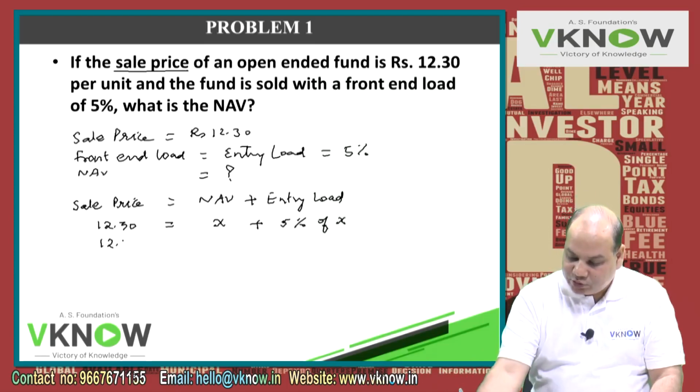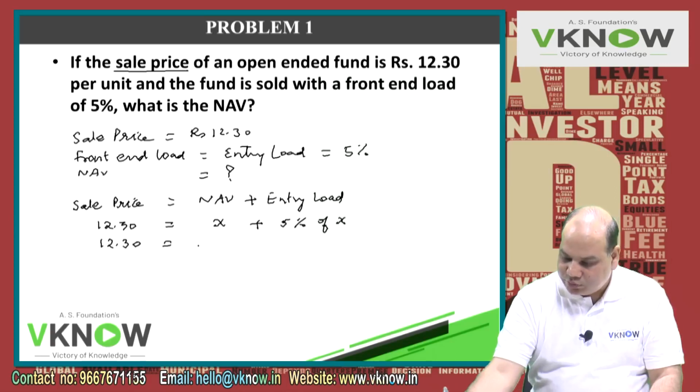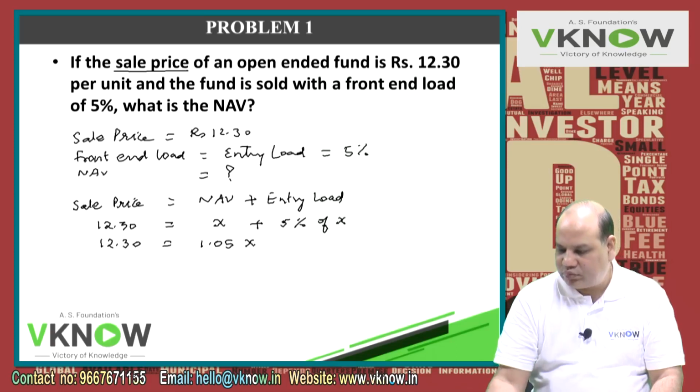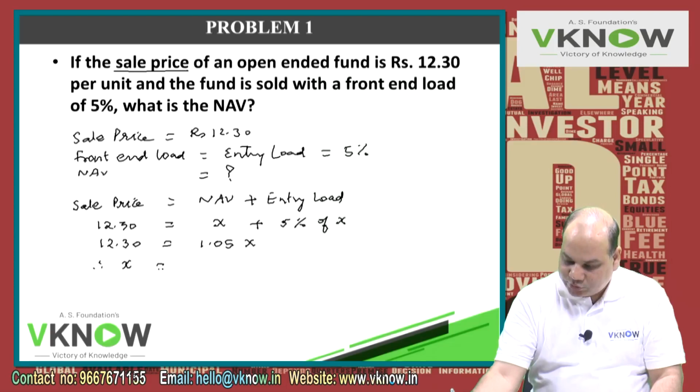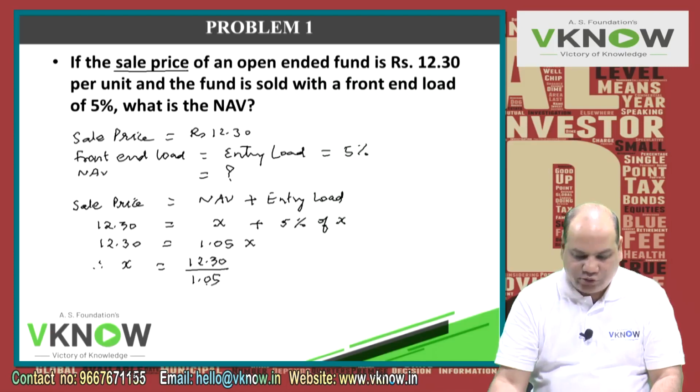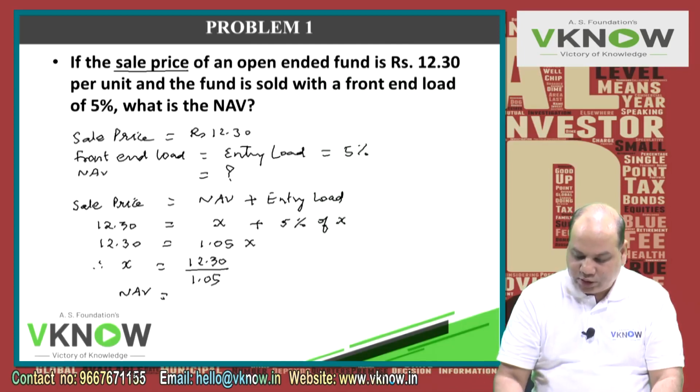So my equation will become 12.30 equal to 1.05 X, and therefore X is equal to 12.30 divided by 1.05.